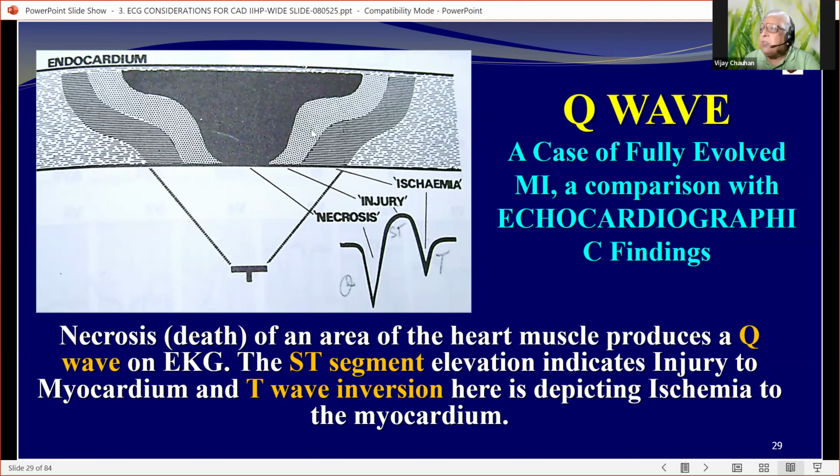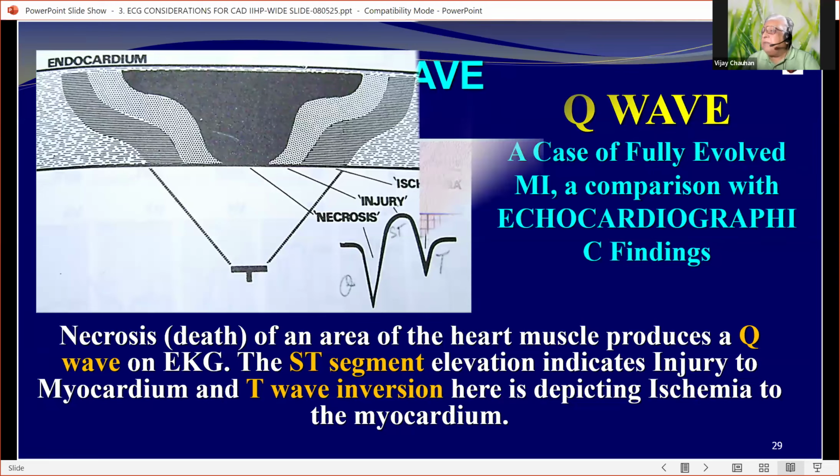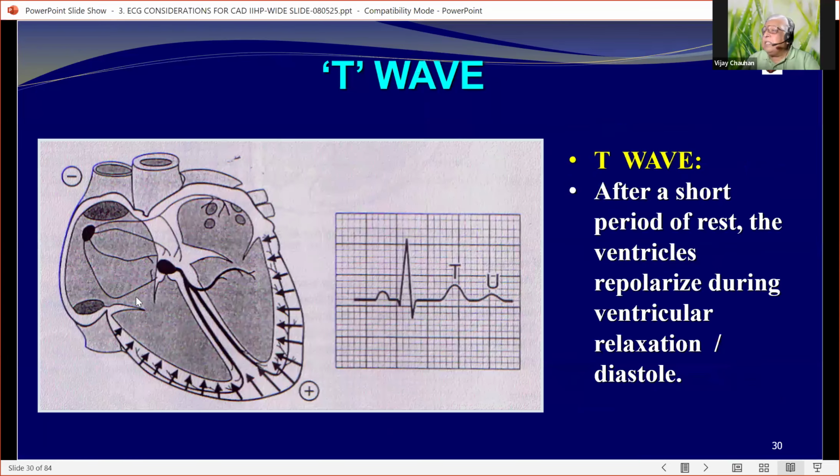In between, next to the dead tissue, you have the part which is pressed upon by the swollen part of the dead tissue, which is going to cause ischemia as injury, and next part is ischemia. So these are the Q waves, ST segment and T wave, which are very, very important for us to understand the pathology within. Now, the T wave, how T wave takes place.